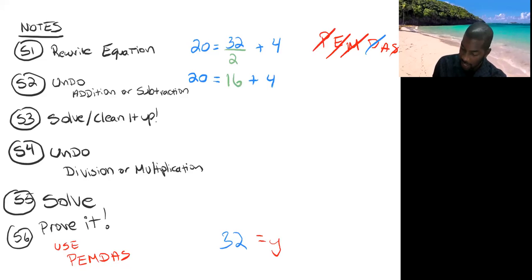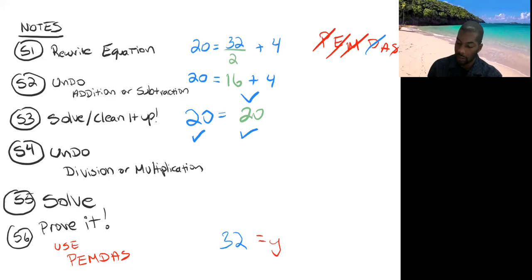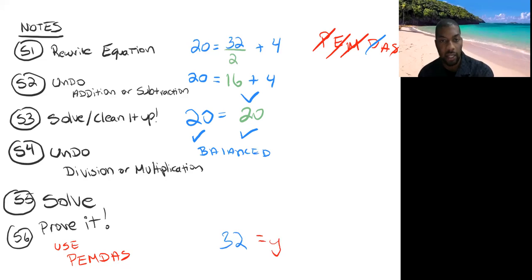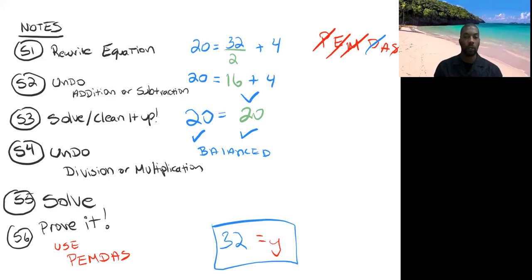So just addition. I have the 16 plus the 4. 16 plus 4 is 20. Rewrite it. Does 20 equal 20? Yes, it does. Therefore, my equation is balanced. What's on one side of the equation is now equal to what's on the other side. I use PEMDAS. Everything is good. 32 does, in fact, equal y. There we go. That's it.